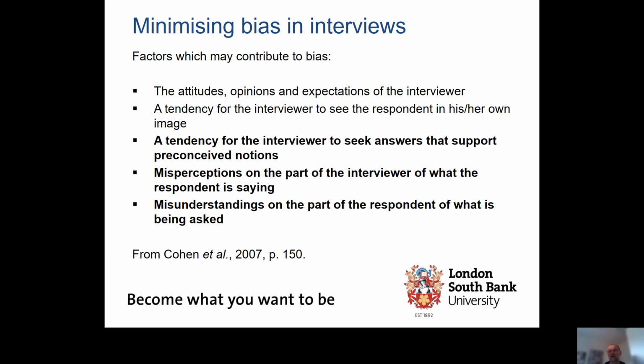Another problem: misperceptions on the part of the interviewer of what the respondent is saying. The respondent may say something, and your interpretation may be a misunderstanding of it. Okay. And finally, there might be a problem that the respondent doesn't really understand what you are asking.